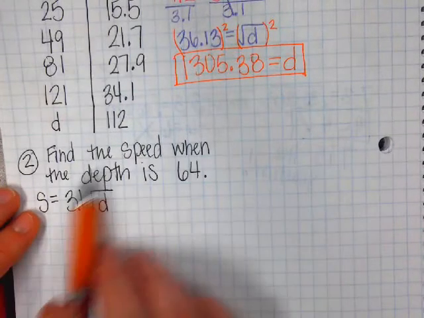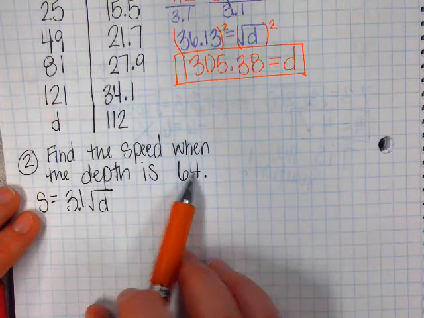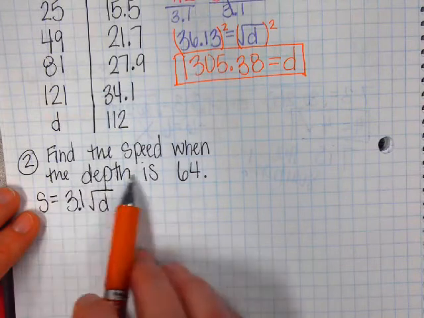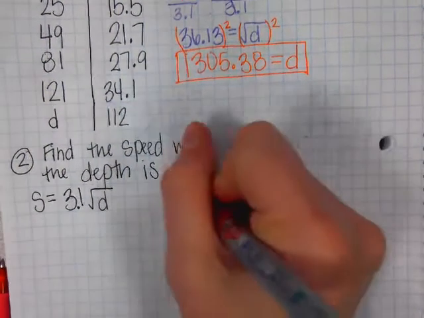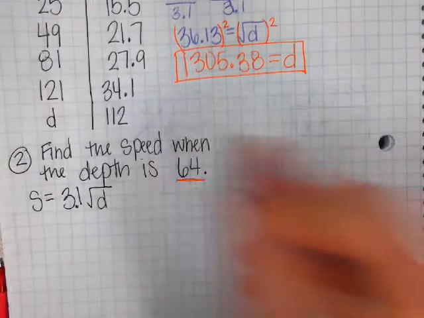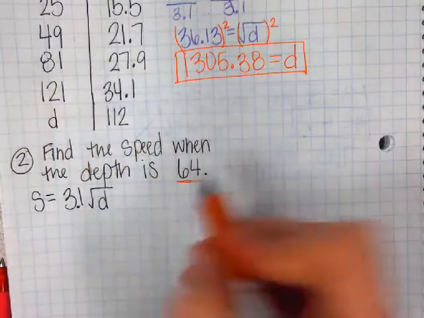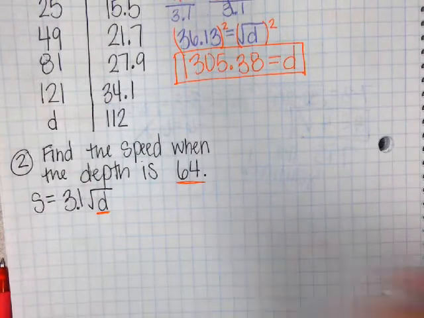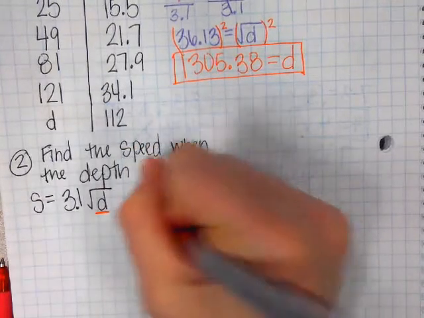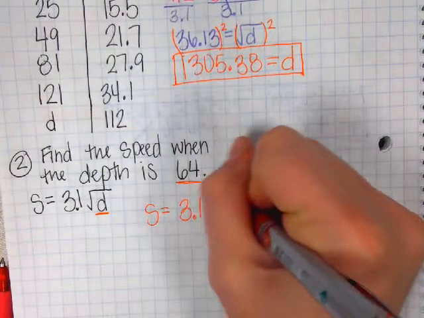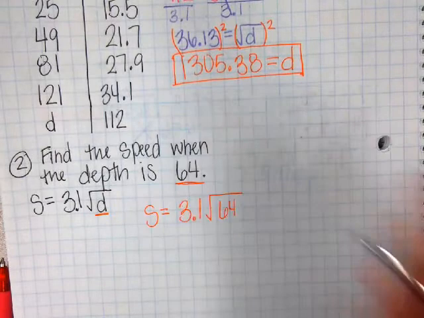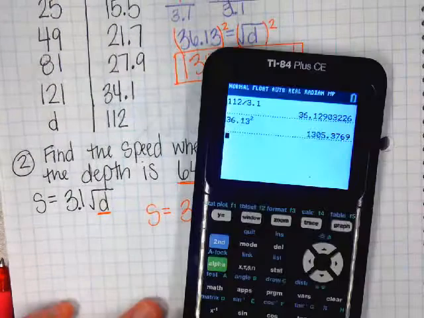All right, here's another one. It says find the speed when the depth is 64 meters. So speed is what I'm looking for, and 64 is the depth, so I'm going to plug it in right there. S equals 3.1 square root of 64.